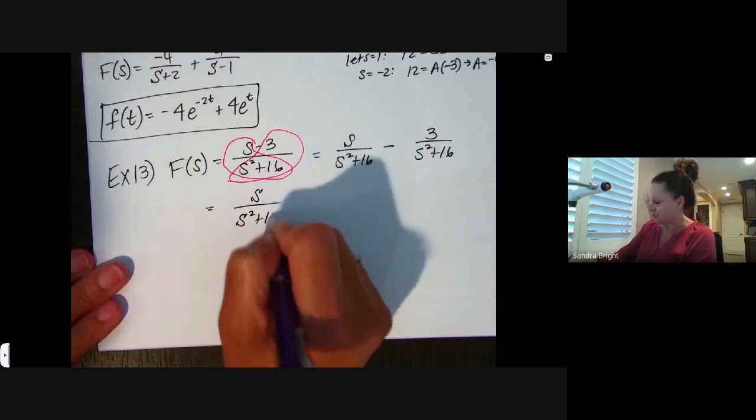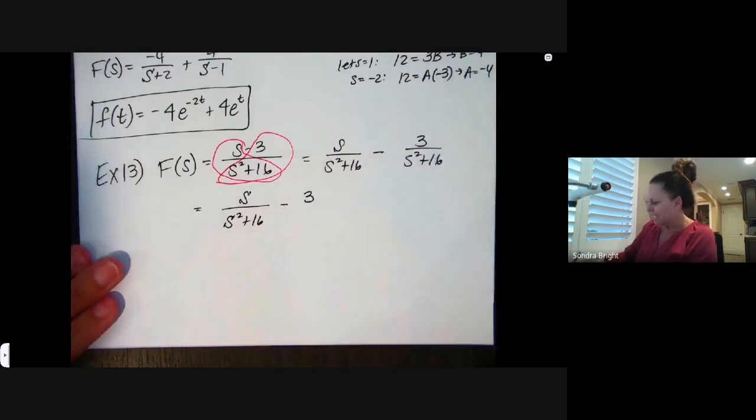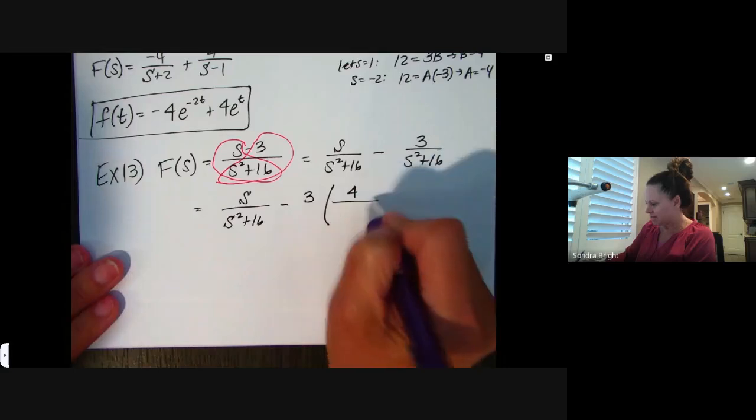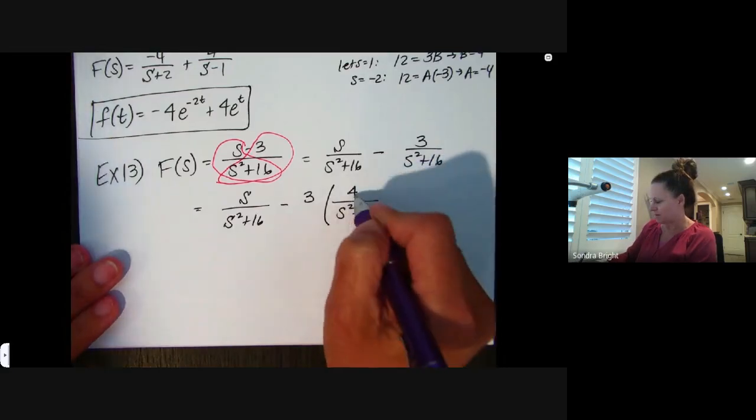I need this to be a 4. So I'm going to factor out the 3 out front. If this was a 4, then it's sine. But if I'm going to put a 4 here, I can do it as long as I divide by 4 also.